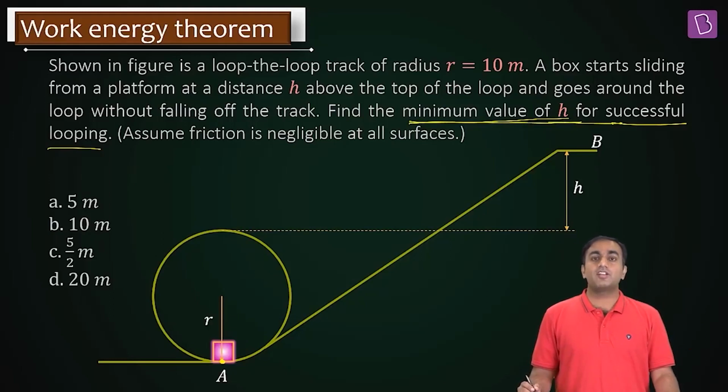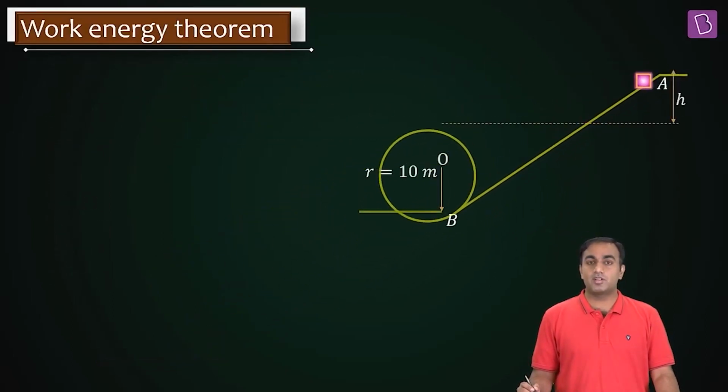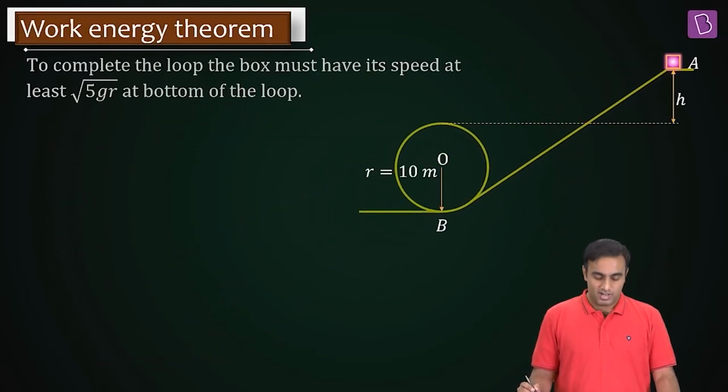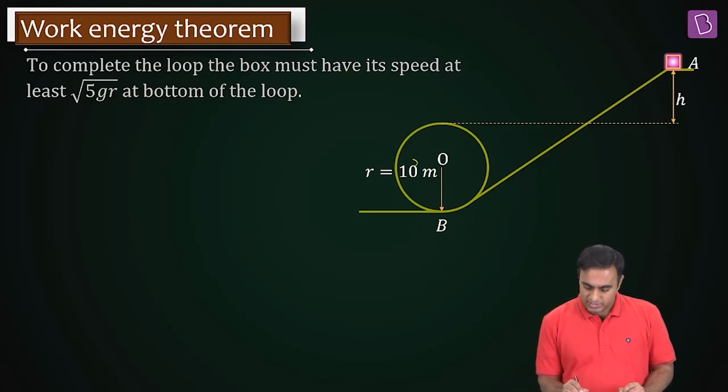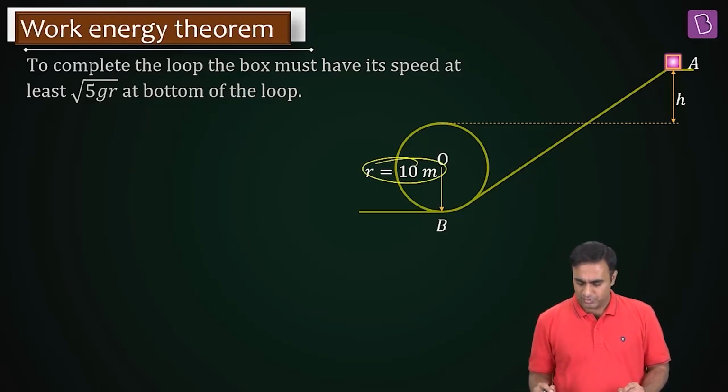We are looking at just completing the vertical circular motion case. And we know that to just complete it, the minimum speed needed by the block at the bottommost point happens to be square root of 5 g into radius of the circular path. Radius is given to us, 10 meter.